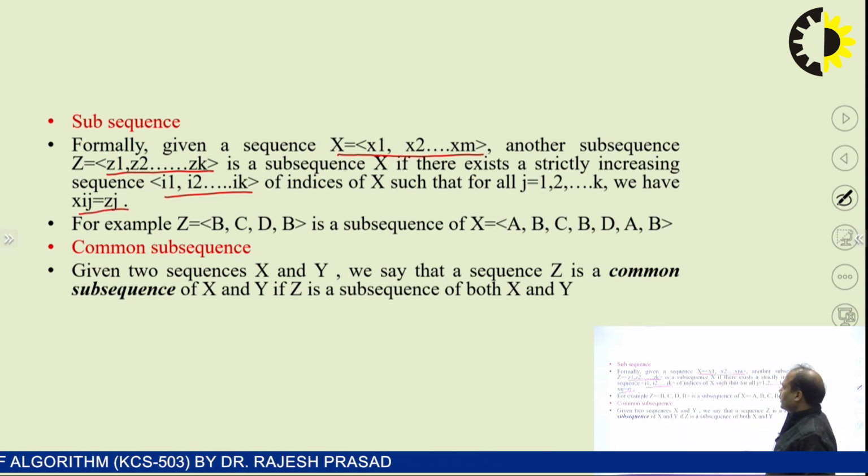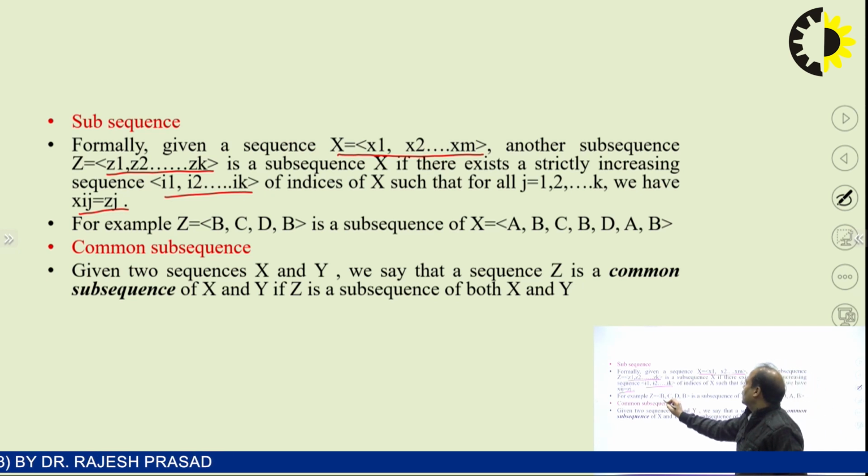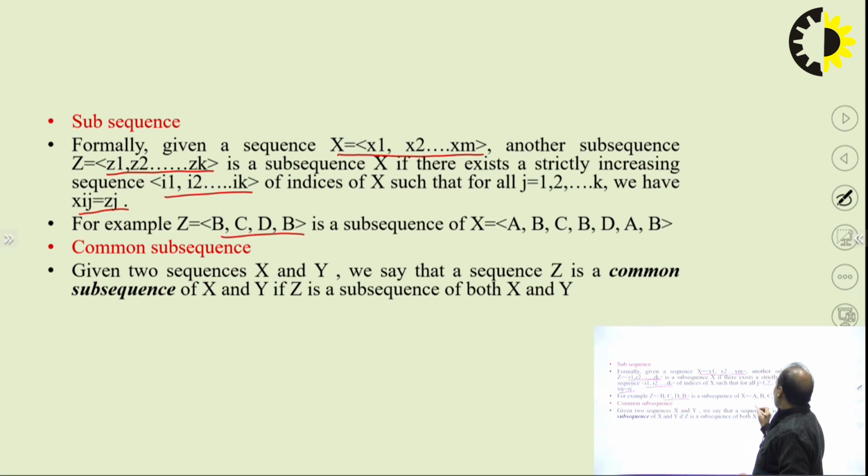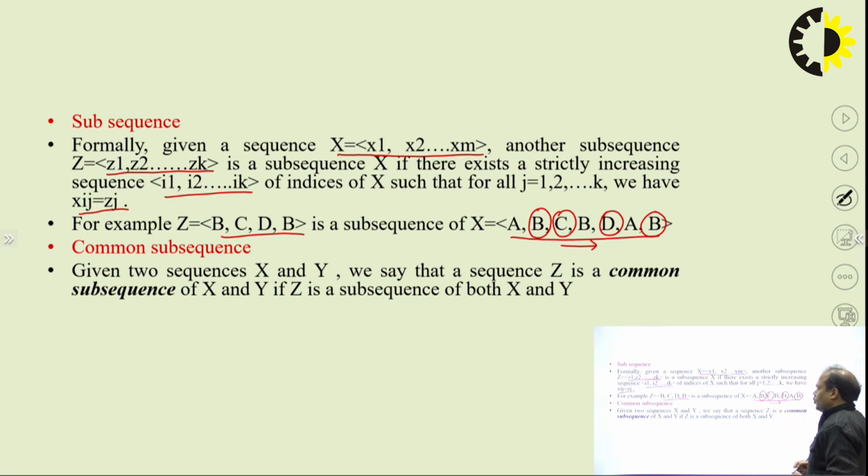For example, consider this sequence BCDB, and there is another sequence ABCD. Looking at it, B is found over here, then C, then D, then B, in increasing order. So Z is a subsequence of X actually.